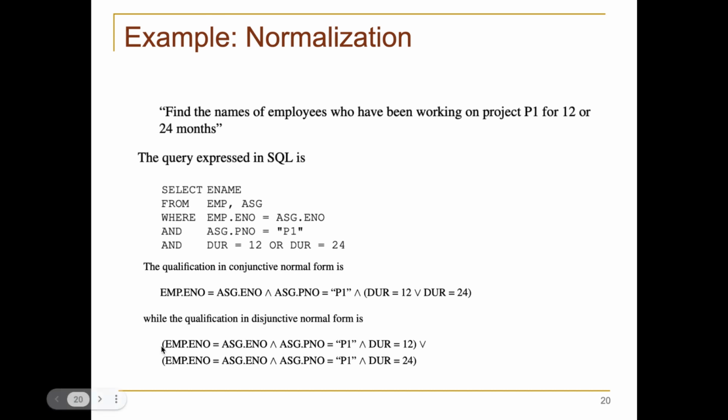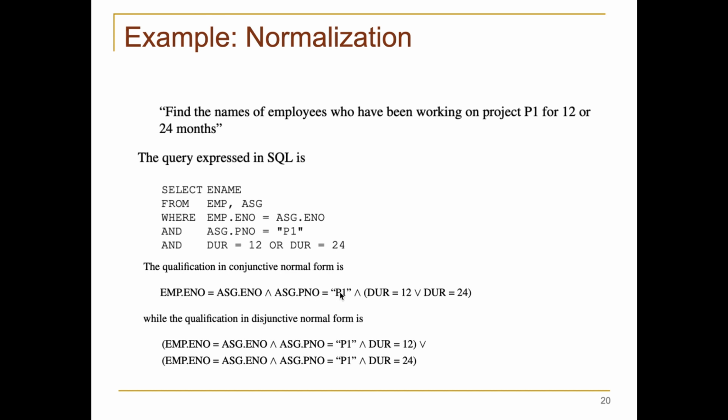So this is transformed in disjunctive normal form because the main operator here is or, disjunction. But the main operator in between the simple predicates here is conjunction. So it's in conjunctive normal form. For instance, here in between this simple predicate and this simple predicate, we do have conjunction.